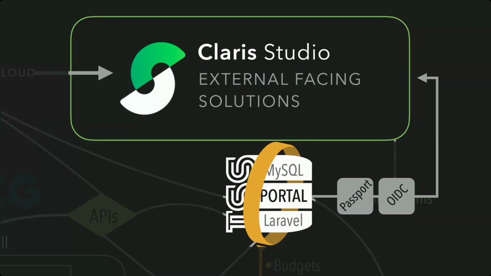And the second is a package simply named OIDC Connect, which implements the OIDC layer. And that is just a repo on GitHub, publicly available. So with those 2 packages installed, we entered the necessary client secrets and keys into Passport and into Studio, and we're ready to share ISS's portal's users with Claris Studio.